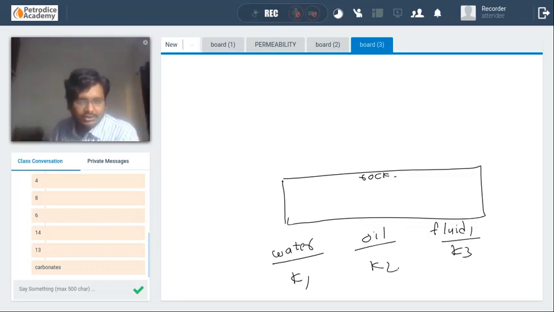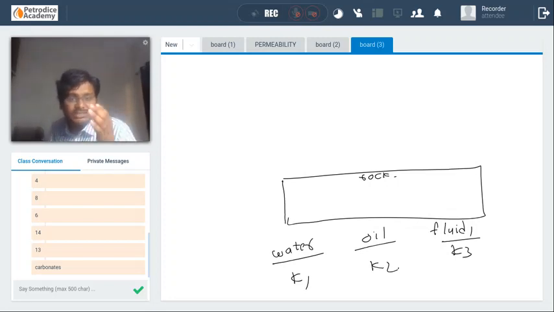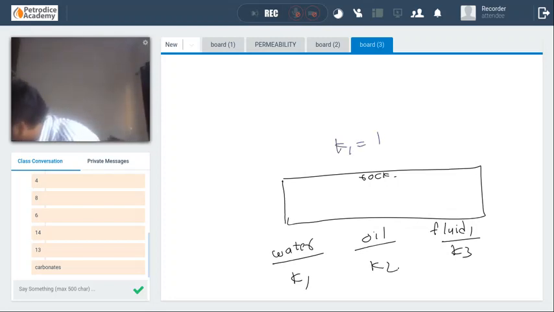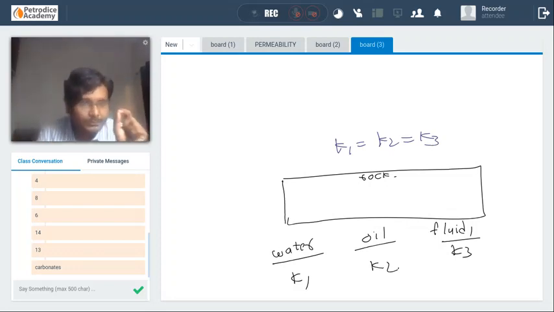This permeability is a rock property. Even though we are changing the fluids, the permeability that we calculate with each fluid must be equal. That is K1 is equal to K2 is equal to K3. This is a very, very important point.